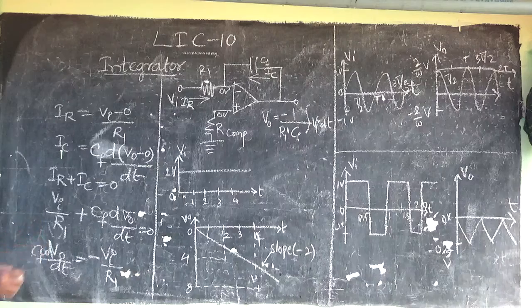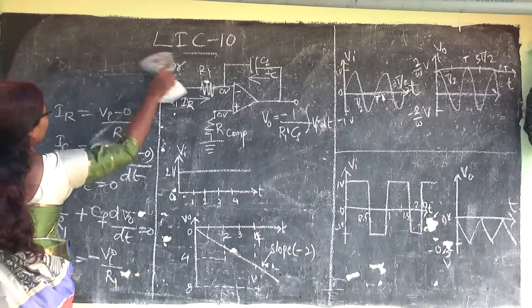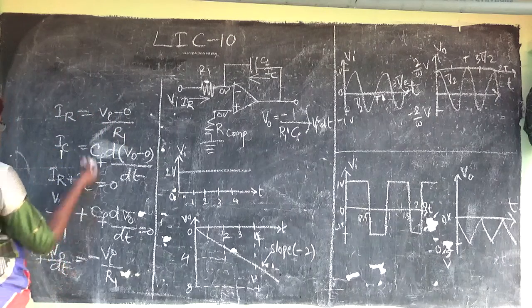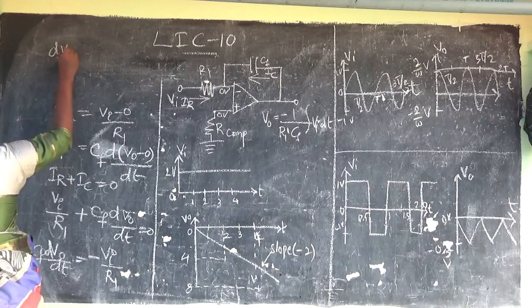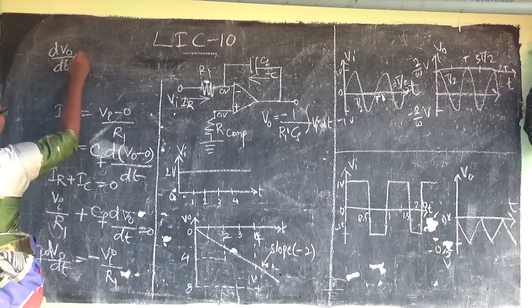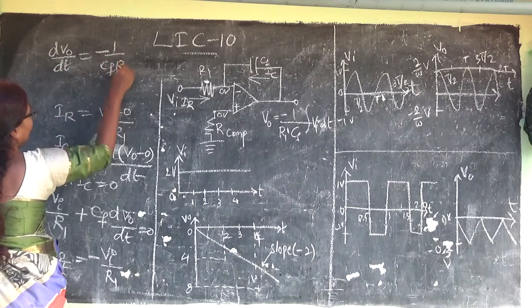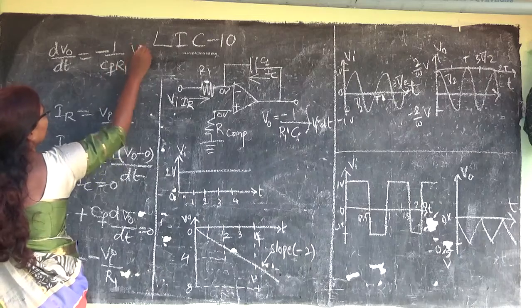So dV naught by dt will become minus 1 by CF R1 into VI.